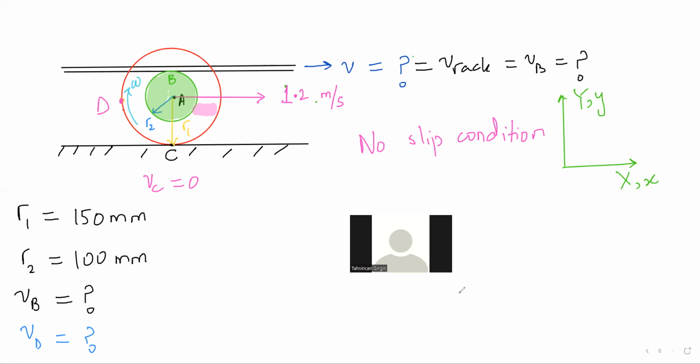VA equal to VC plus omega AC cross position of A with respect to C. But you just told me you will get omega that way. Go through the vector part, IJK. I didn't want to do that, but I see what you just said.